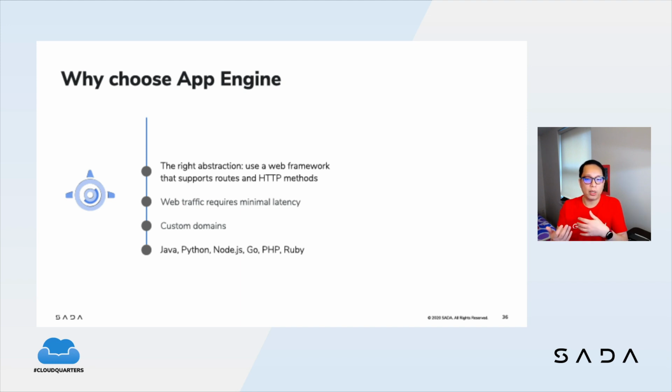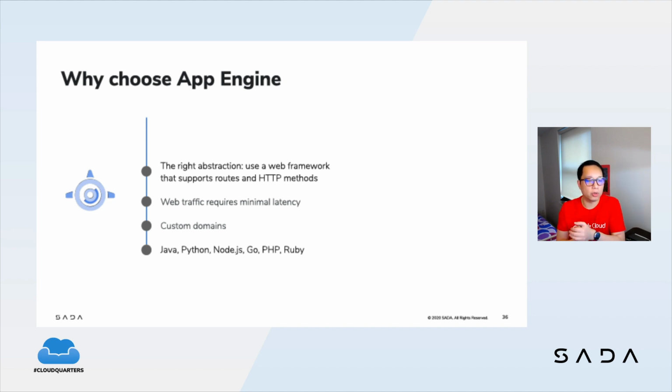You just deploy your application written in Java, Python, Node.js, Golang, PHP, or Ruby. You can deploy that code and compile it into App Engine, and then the application will be triggered and run to serve the internet. The web traffic requires very minimal latency because it is almost real time.